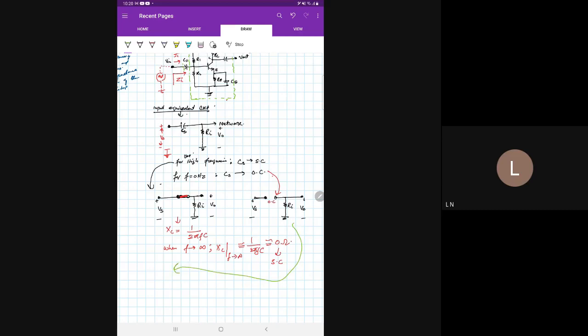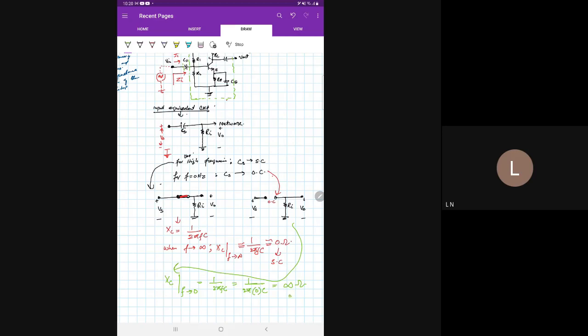But when F is 0, what is X of C? X of C is 1 by 2 pi F of C. F is 0, so it is 1 by 2 pi times 0 times C, which equals infinity ohms.